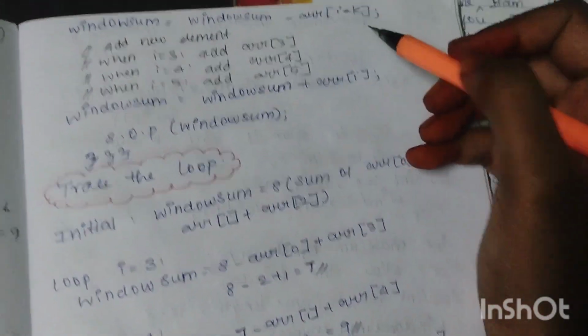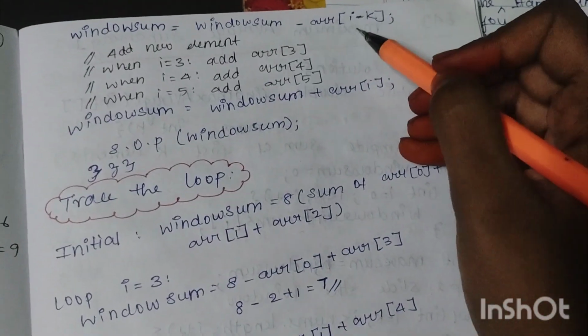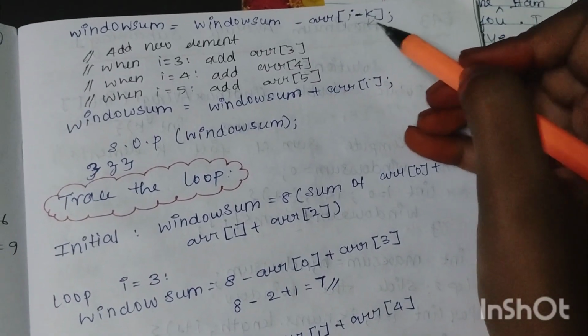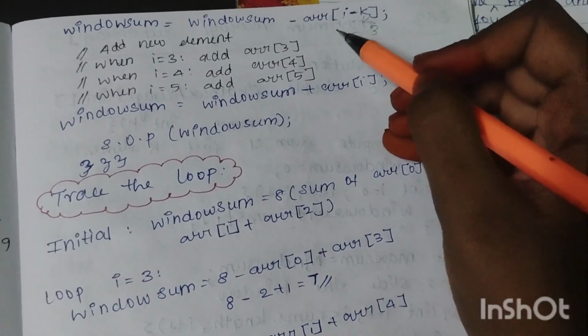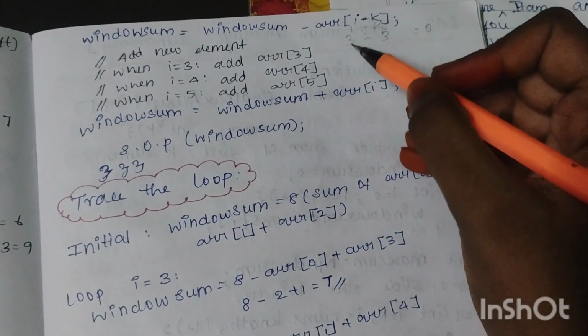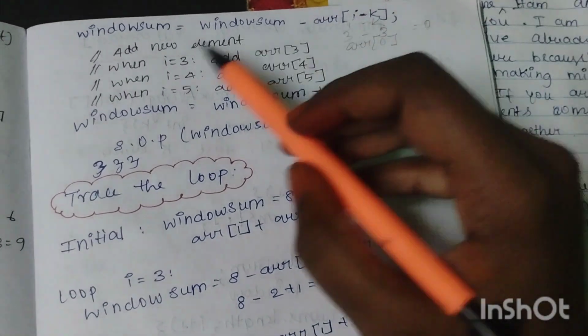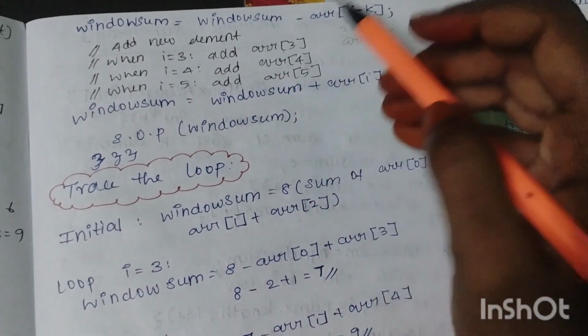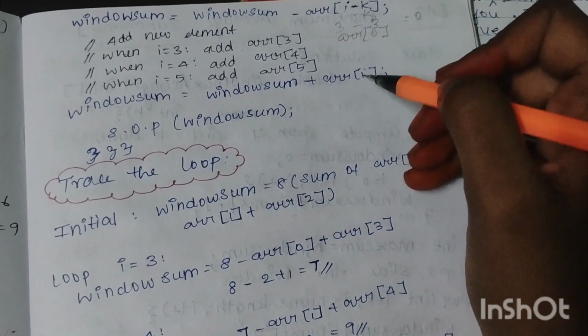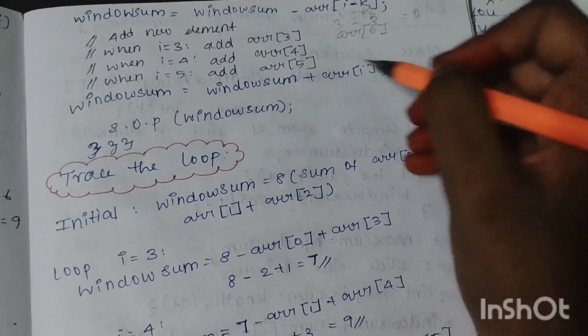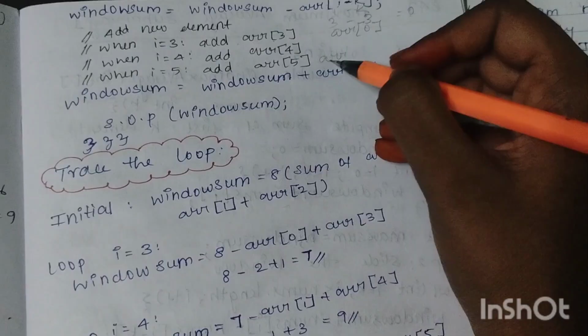So as usual we are removing i minus k, that is 3 minus 3 is equal to 0. We are removing array of 0 first. When i is equal to 3 we are removing array of 0 and adding array of i, that is array of 3.